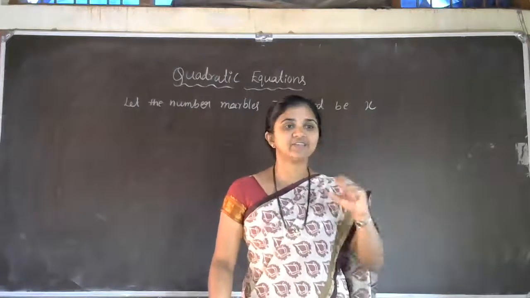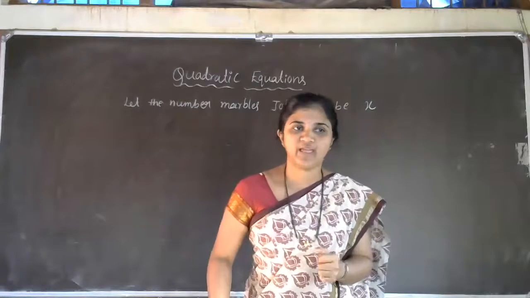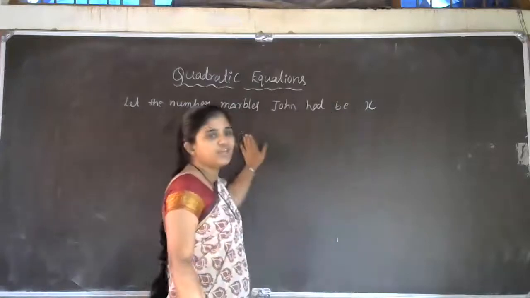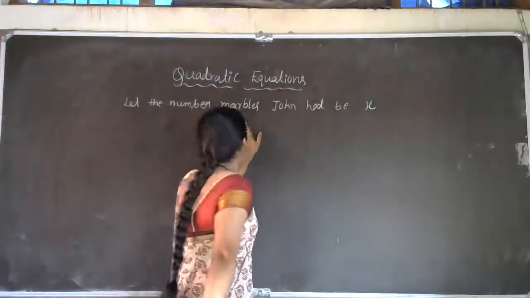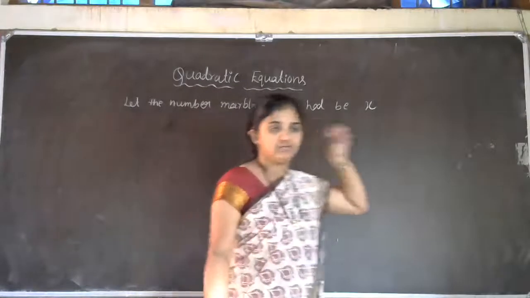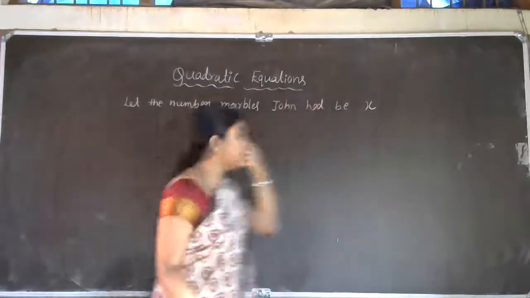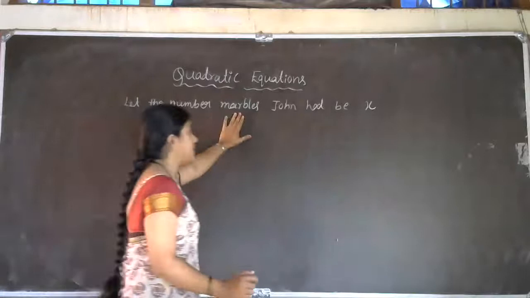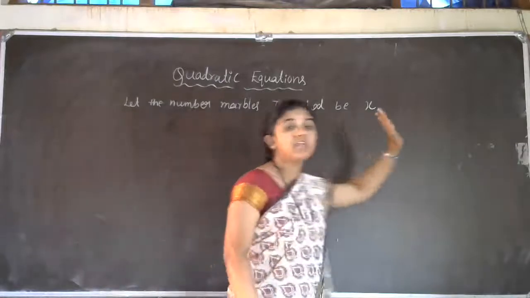John and Jaivanti together have 45. So now we are taking John. Let the number of marbles John had be X.